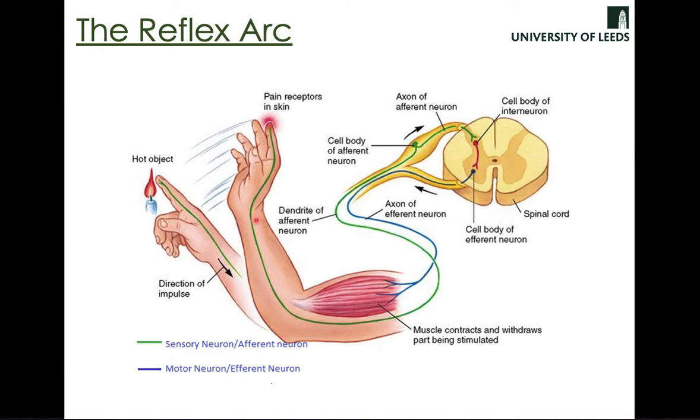So we can start appreciating the anatomy of a reflex arc. A reflex arc happens at that same level of the cord or brainstem. The information doesn't really have much time to travel all the way to the brain.